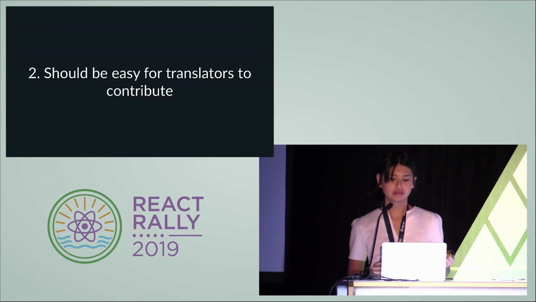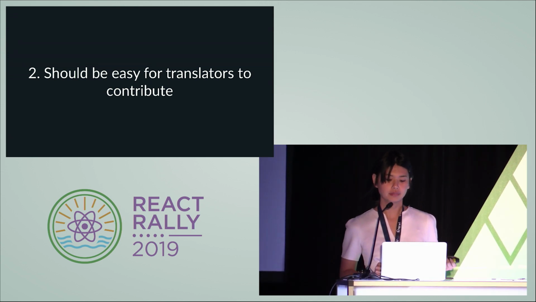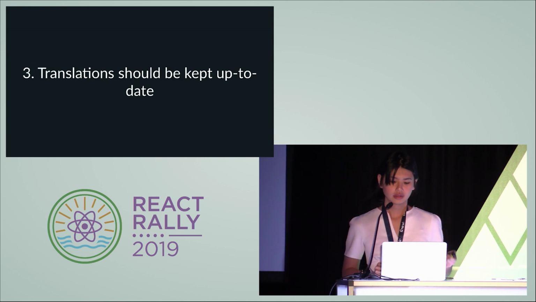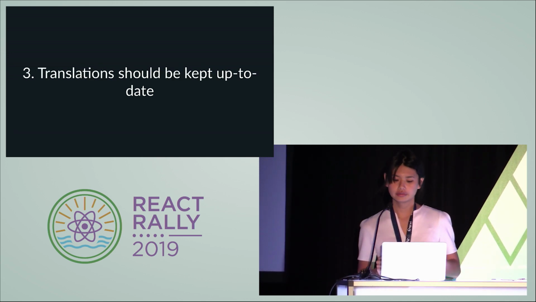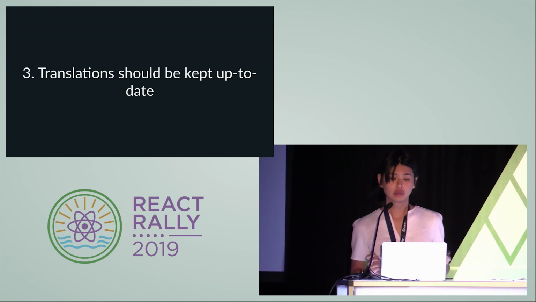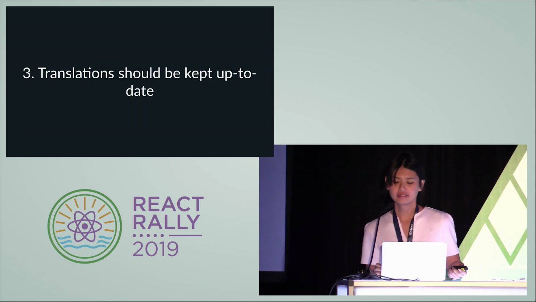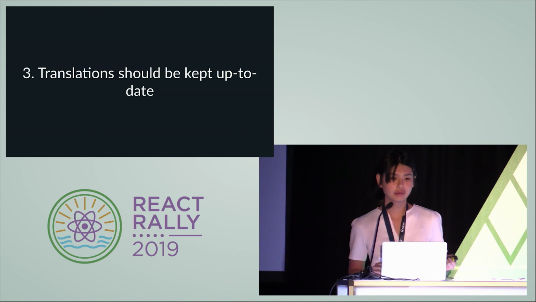Again, the point is to make React as accessible as possible, so it should be easy for contributors to translate. We can't do that if there are barriers to contributing. Finally, translations should be kept up to date. A stale translation, one that isn't accurate to the current version of the React docs, is pretty much as good as an incorrect one.